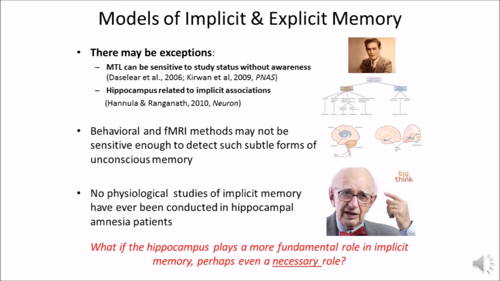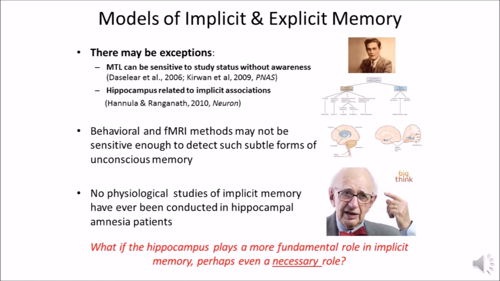So it can show some memory-related activity, regardless of whether or not the subjects actually detected those differences. The hippocampus has been found to be related to implicit associations using some forms of fMRI, and notably eye tracking measures, which are a really powerful way to study non-conscious memory because your eyes are incredibly sensitive and it has the temporal resolution that EEG has as well. So eye tracking has been very powerful, but what's lacked has been EEG studies of patients who have these specific deficits to show a necessary role.